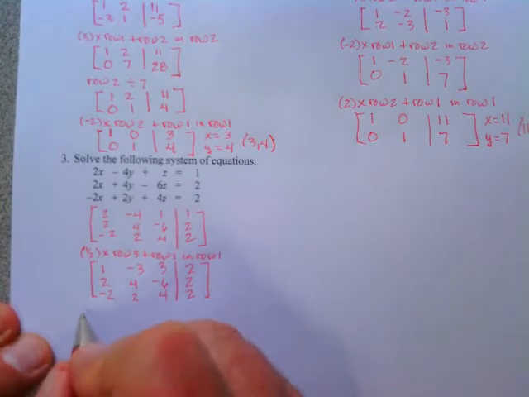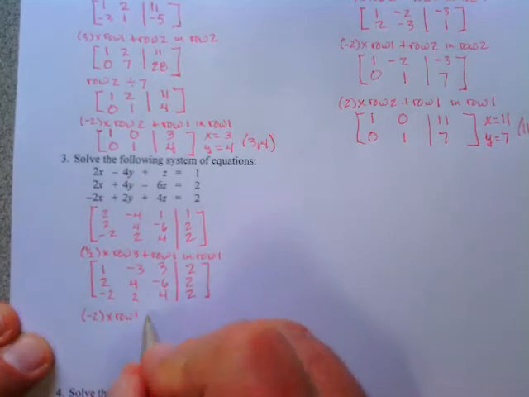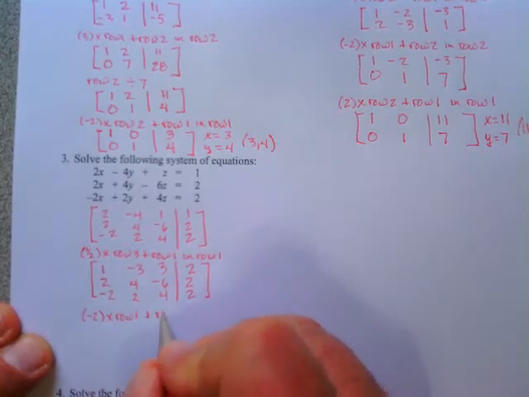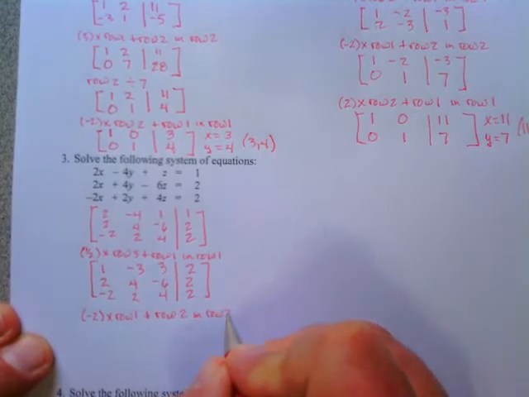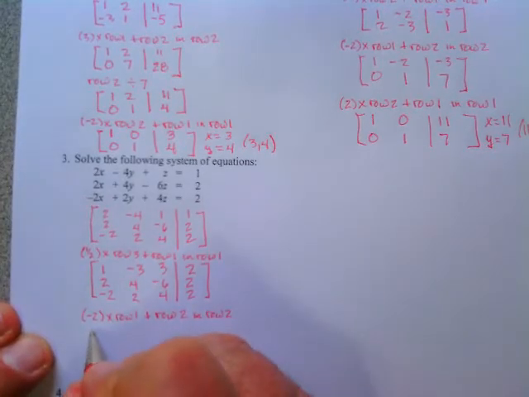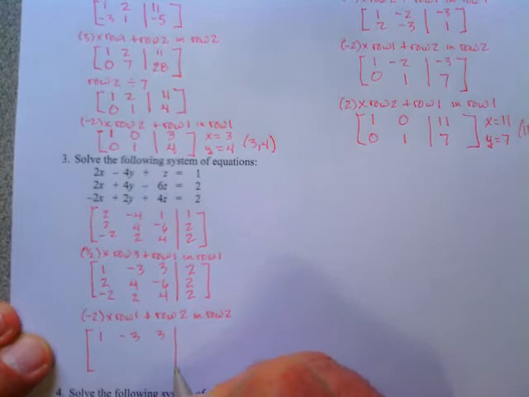Okay, now I'm going to do negative 2 times row 1 plus row 2 and put that in row 2 because I want to get that 0. So I'm not changing row 1 at all.